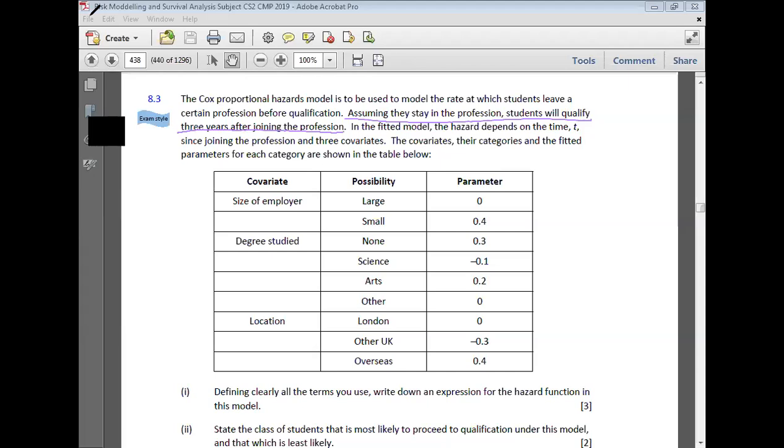Hello, am I audible? Yes. So have you guys read the question yet? Or no? So what is it that we have to do here?